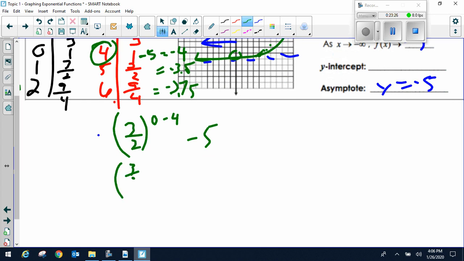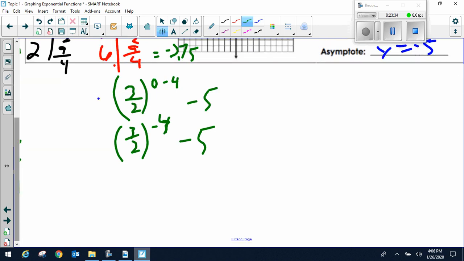So it's 3 over 2 to the negative 4. So 3 to the 4th would be 81 over 2 to the 4th, which is 16. So it would be 16 over 81 minus 5, which would be over 405, the common denominator.